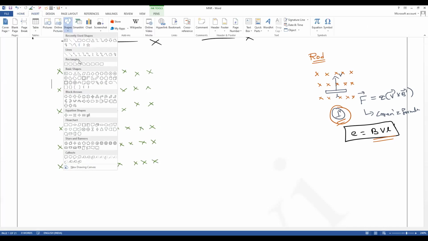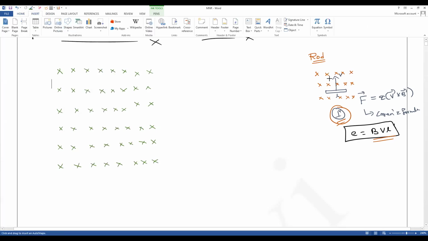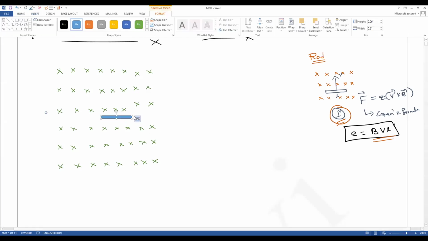Till now we studied that if a rod is moving in a magnetic field, the induced EMF is equal to B into v into L. Yes or no, guys? Now imagine this is the rod which is spinning.